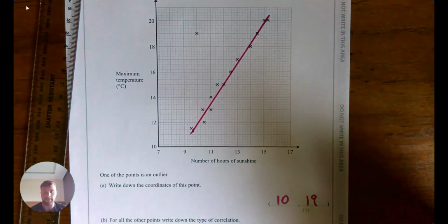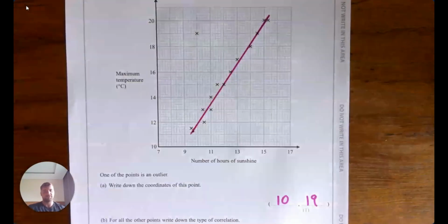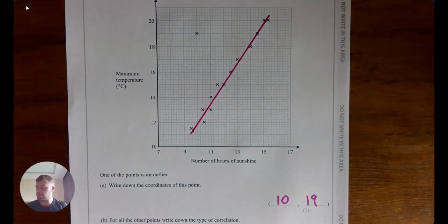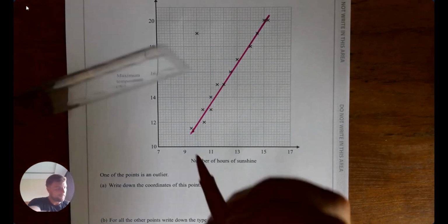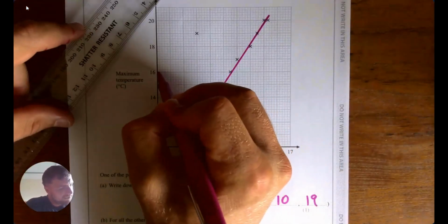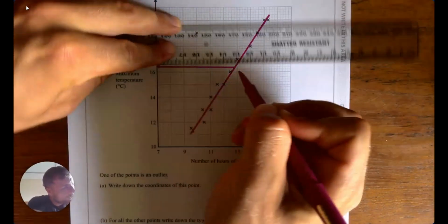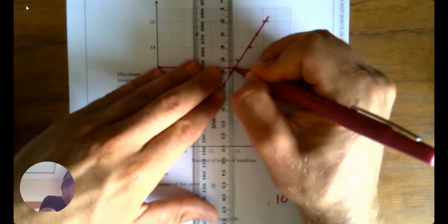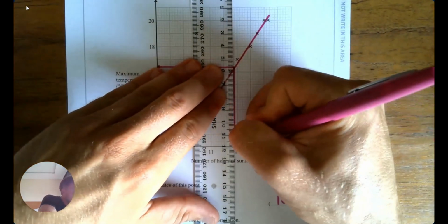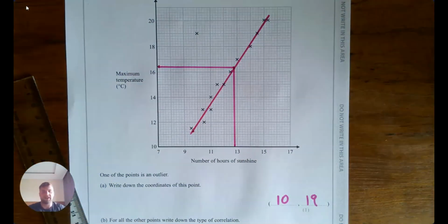So something like that. And then it said the maximum temperature was 16.4. So I'm going to have to go to 16.4, which each of these is 0.2. So 16.4 is going to be there. I'm going to draw a line across, and then I'm going to draw a line down to number of hours of sunshine.